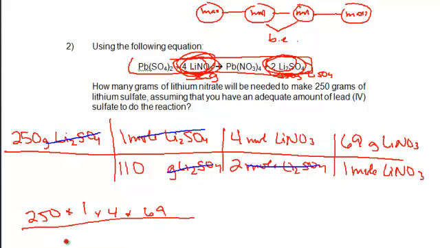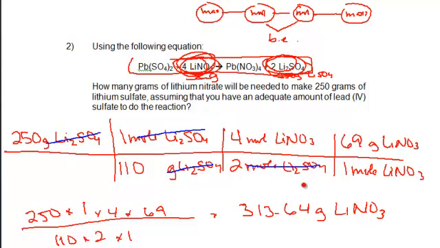Then I'll divide it by 110 times 2 times 1. So, let's see, divided by 220, I get 313.64 grams of lithium nitrate will be needed if I want to make 250 grams of lithium sulfate. I hope that helps.